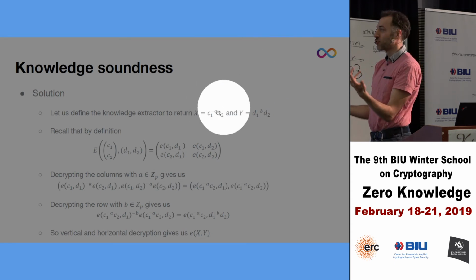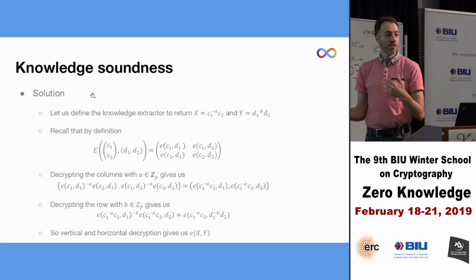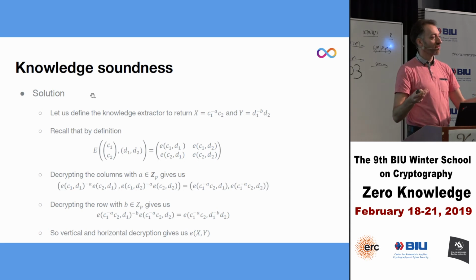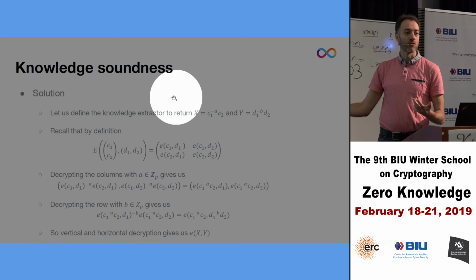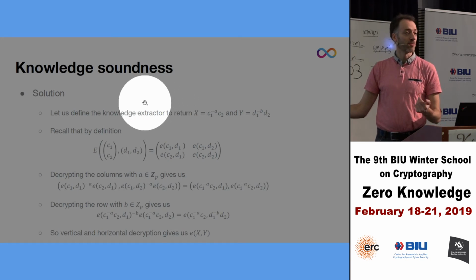So that's the challenge here: to show that if all these proofs satisfy the verification equation, then this X and this Y, when they pair together, will give us the target T.